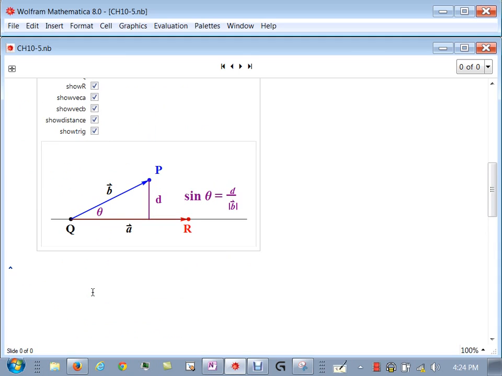So if we go back up to this, it says, in order to find the shortest distance between a point and a line, all you have to do is take any vector on the line, call it A. What's a good vector to pick that's always on a line? If you know the line, do you know a vector on it? Which one?